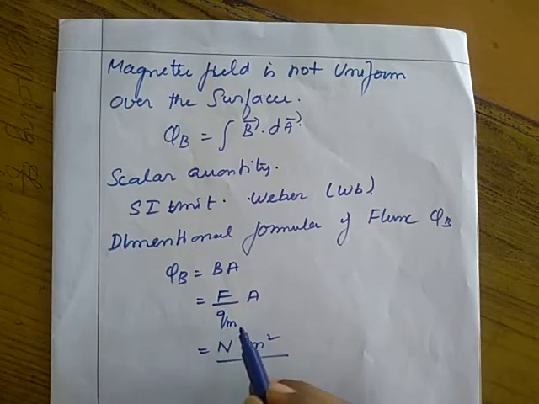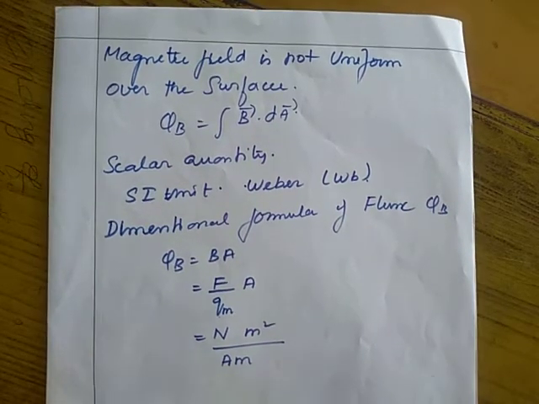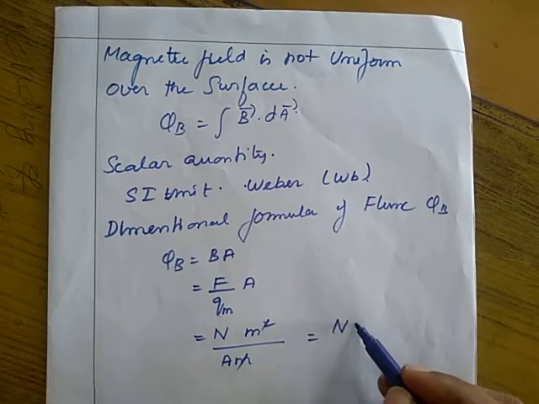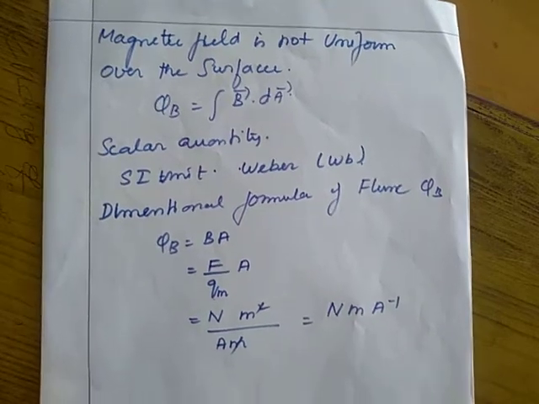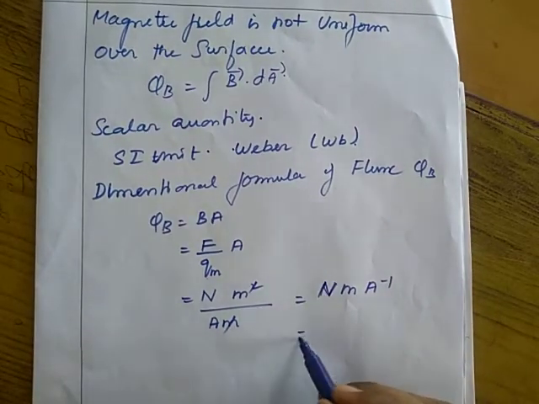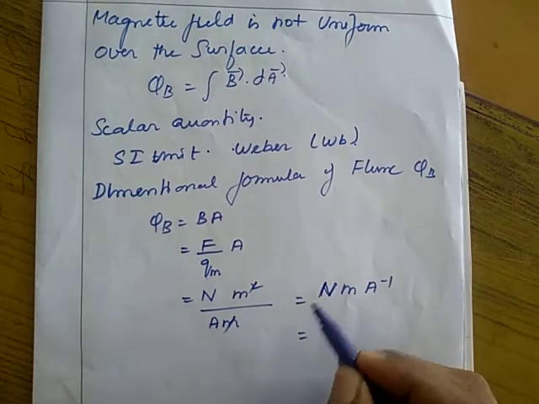The unit of pole strength is ampere meter. If I cancel this, we get an expression Newton meter ampere inverse.